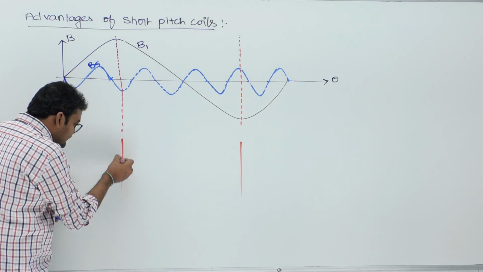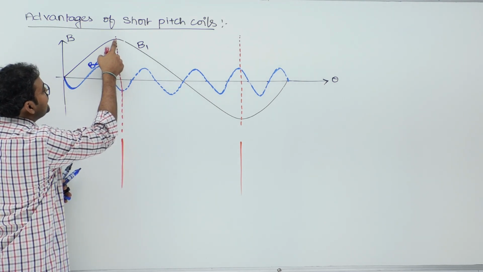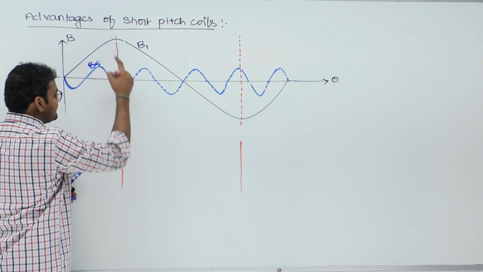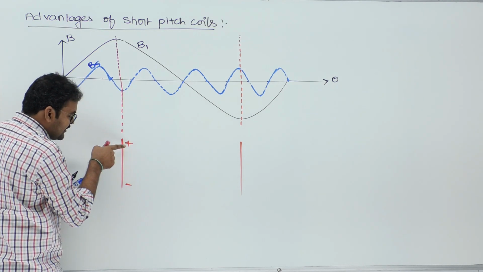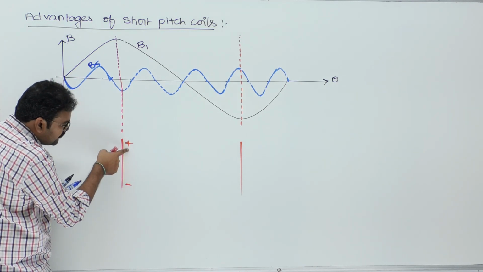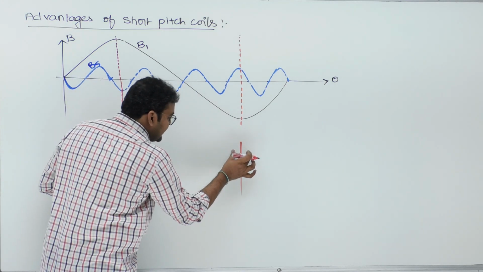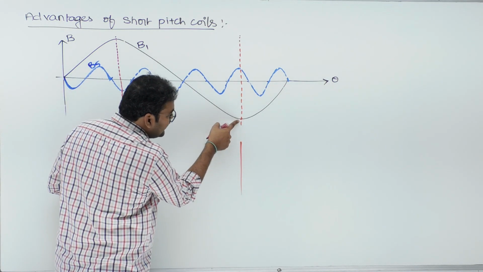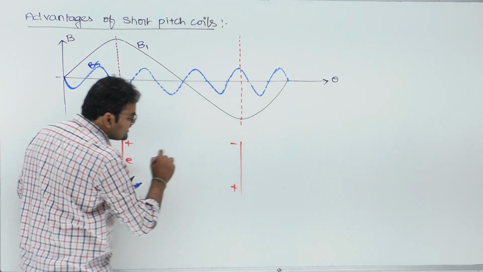First let us talk about only the fundamental, then we will talk about the fifth harmonic. Can you tell me at this particular point the fundamental component is positive maximum or negative maximum? Positive maximum. Therefore, it will induce a positive voltage across this coil. Let us say this is the positive voltage representation. Next, at this point the fundamental component is negative maximum. Therefore, it will induce a negative voltage across the coil.